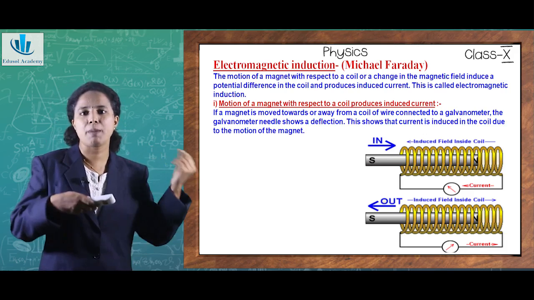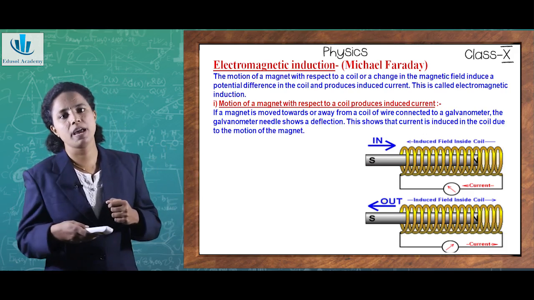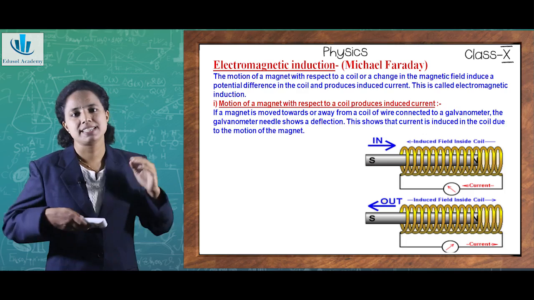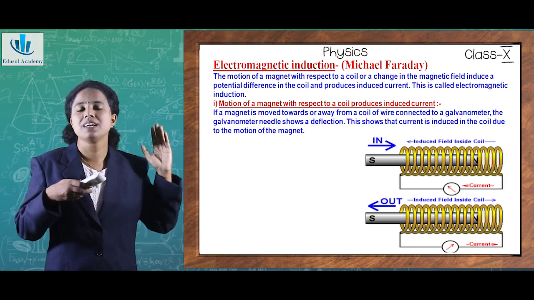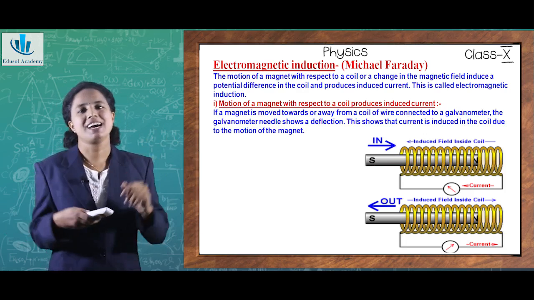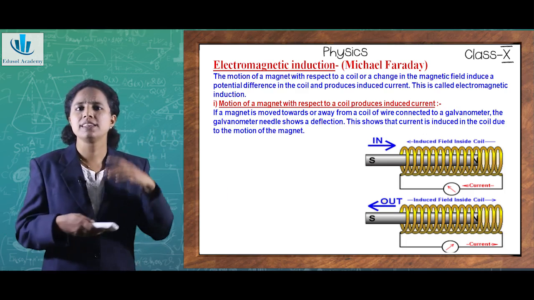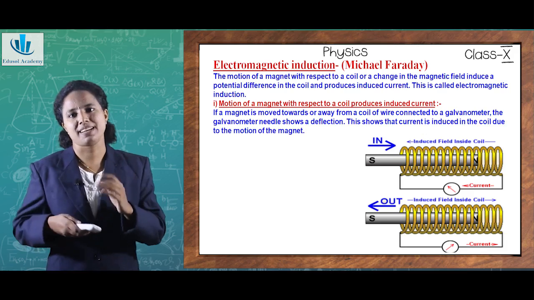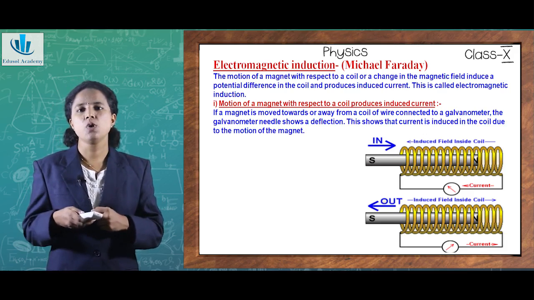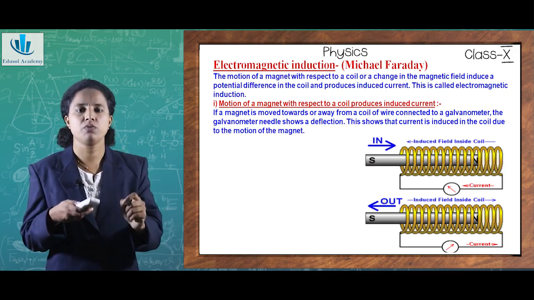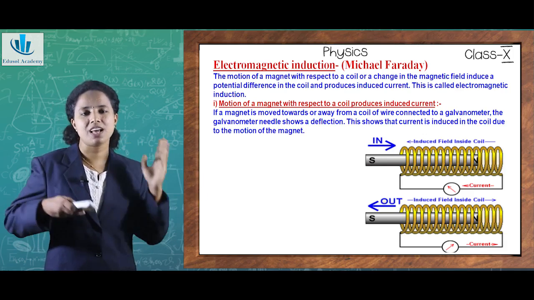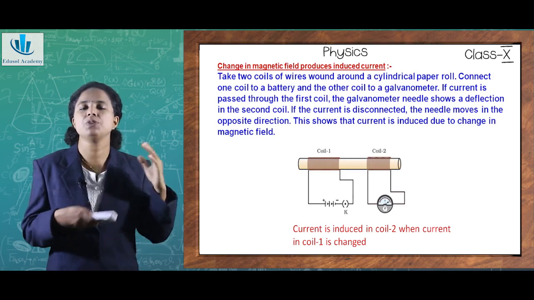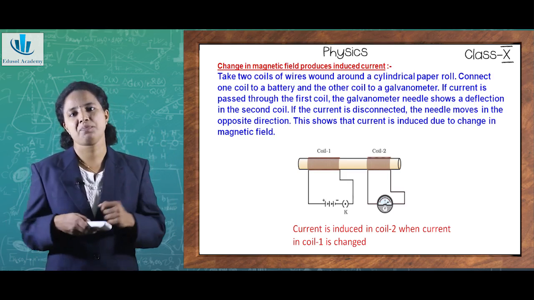If I am moving the magnet away from the coil of wire, now the galvanometer deflection is in the opposite side, or the needle has a deflection to the right side. So, the current will be induced in the coil due to the motion of the magnet, isn't it? So, this is clearly vivid from this particular picture. So, change in magnetic field produces the induced current.